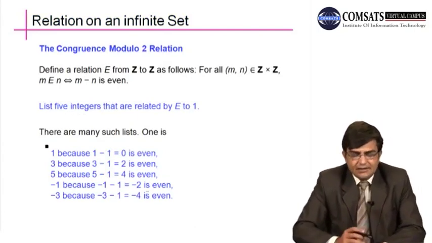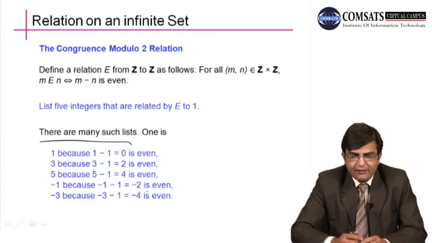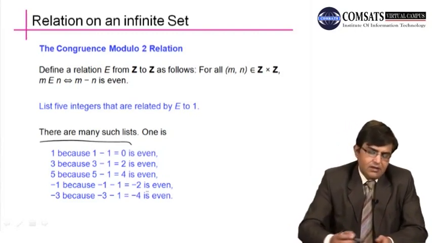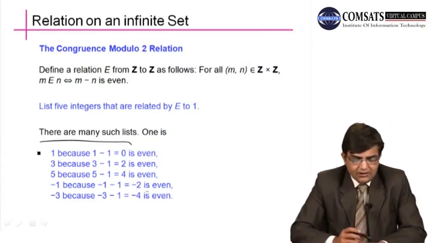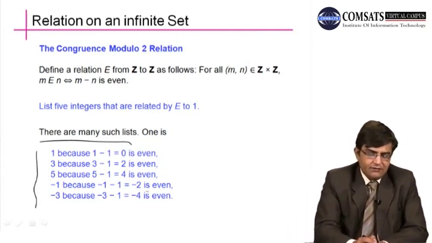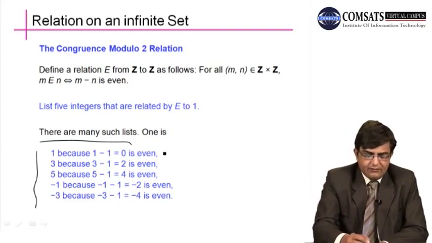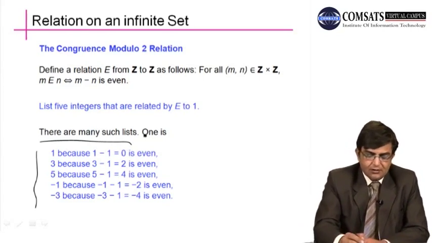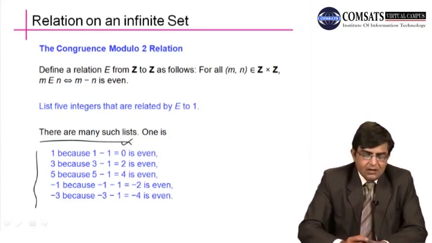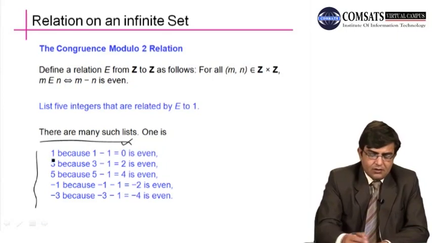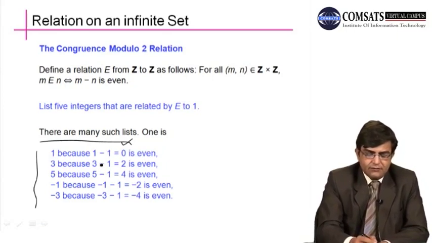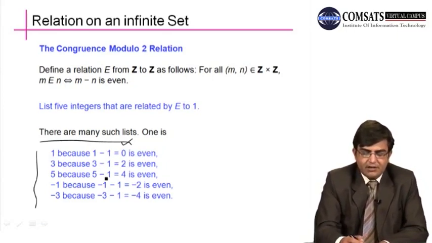There are many such lists; here is a list of 5 integers: 1, 3, 5, minus 1, minus 3. 1 minus 1 is 0, where 0 is considered even, as you know. 3 is related to 1 because 3 minus 1 is 2. 5 is related to 1 because 5 minus 1 is 4, which is even.